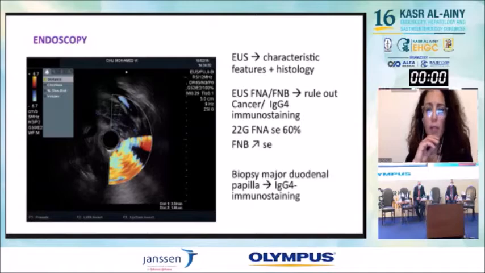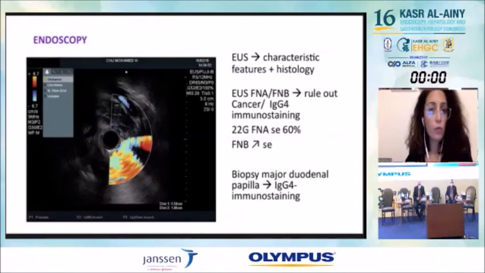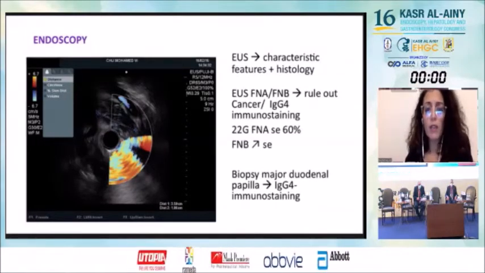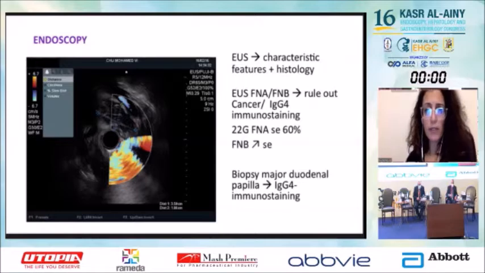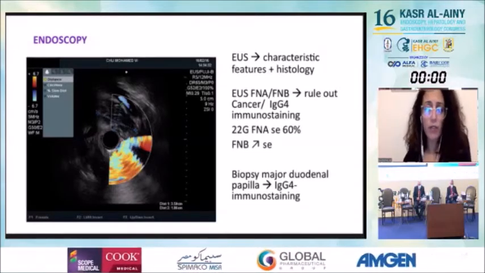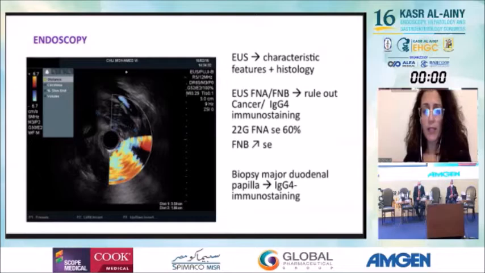So when it comes to EUS for diagnosis and ruling out cancer with tissue sampling, which needle would we use? It has been shown that 19 gauge needles could be a good help and give a good sensitivity, but the 22 gauge FNA needles were fine and the sensitivity was 60%. There are really recent publications in endoscopy comparing different types of needles in this indication.